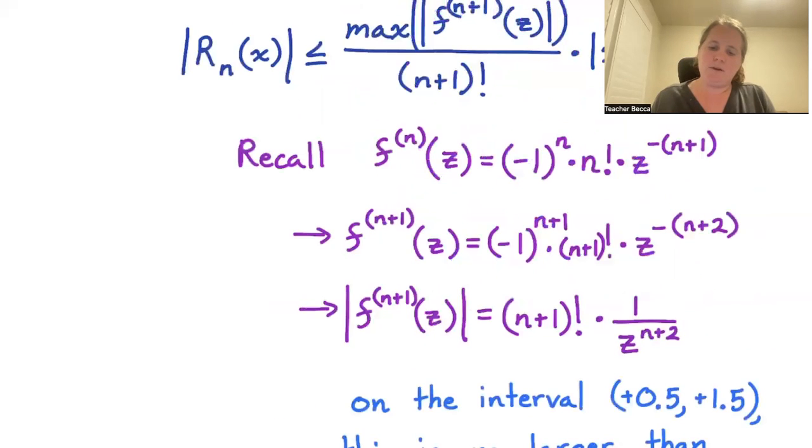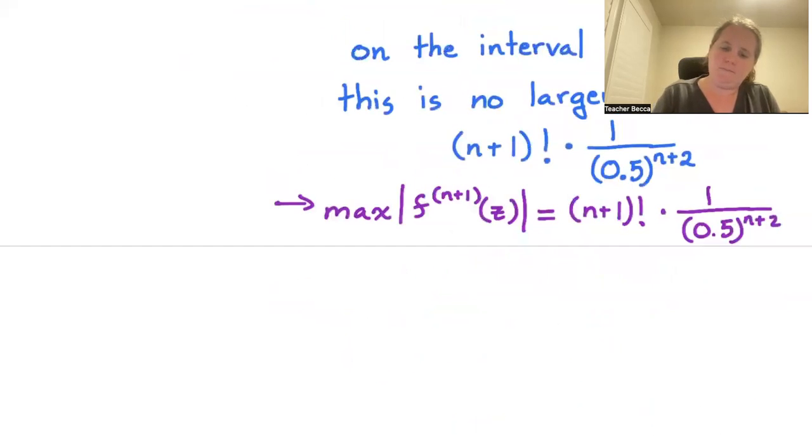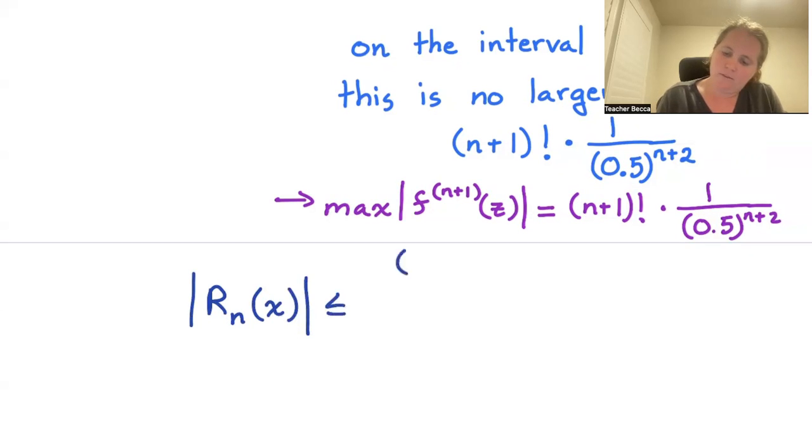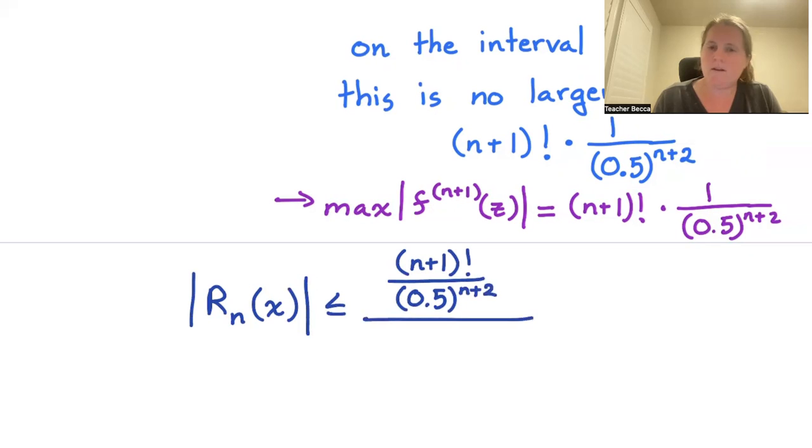So going back to our original bound, we have the absolute value of r sub n of x is less than or equal to, we have an n plus 1 factorial over 0.5 raised to the n plus 2. That's our max, all divided by n plus 1 factorial.